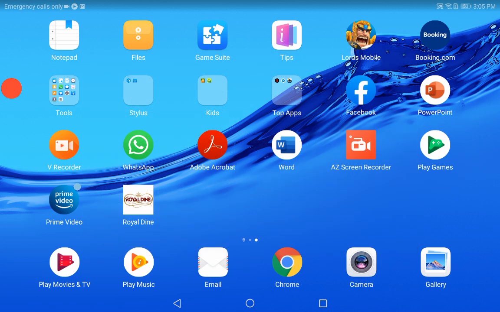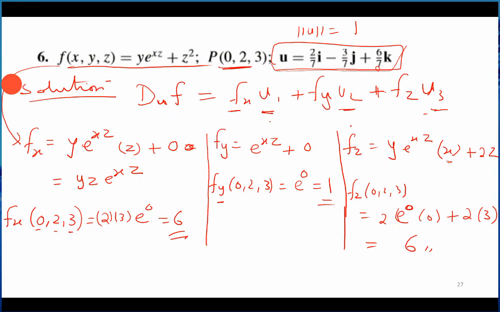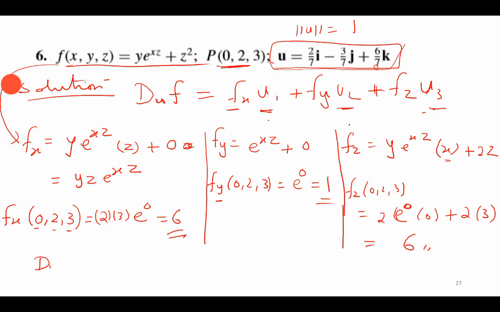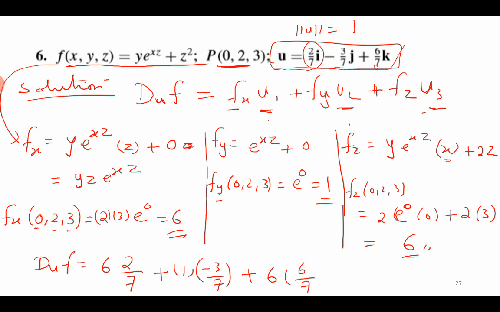Therefore, what is the answer of this problem? Now, D_u f: f_x is 6 times u1, the first component, that is 2 over 7, plus f_y is 1, times the second component of the u vector, negative 3 over 7, plus f_z is 6 times the third component, 6 over 7.